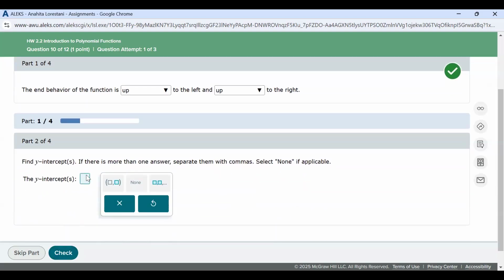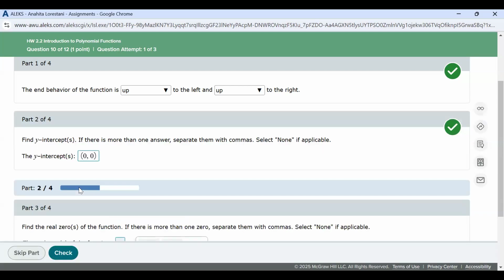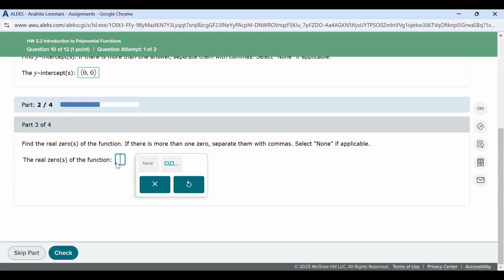Then the y-intercept is 0, 0, and the x-intercepts, or the zeros, are 0, -2, and +3.